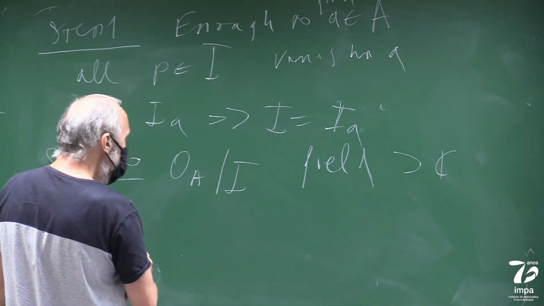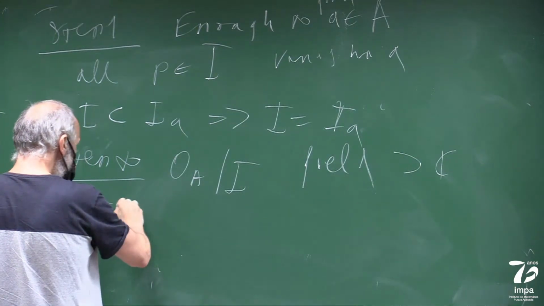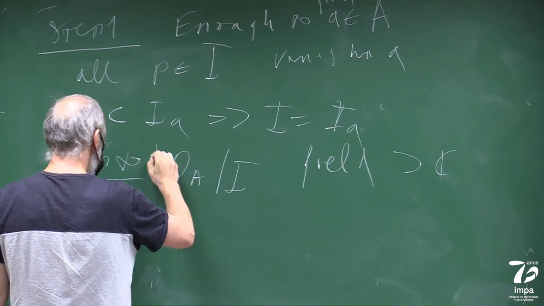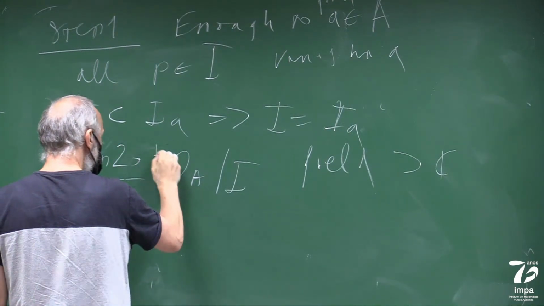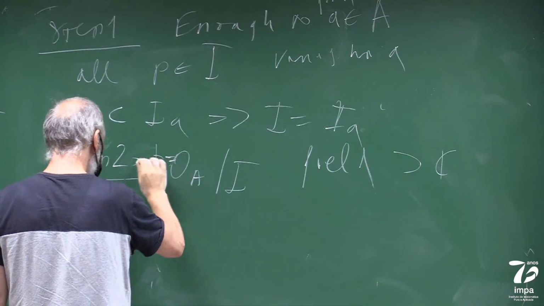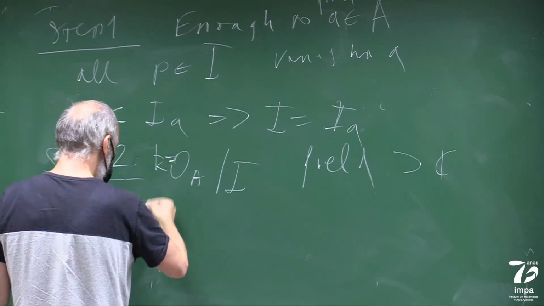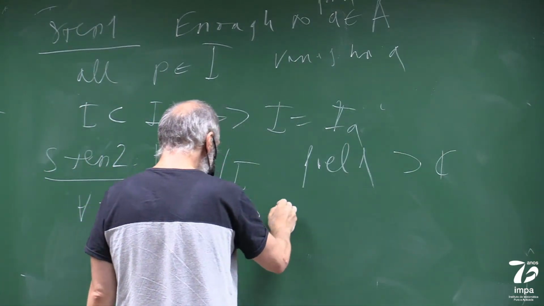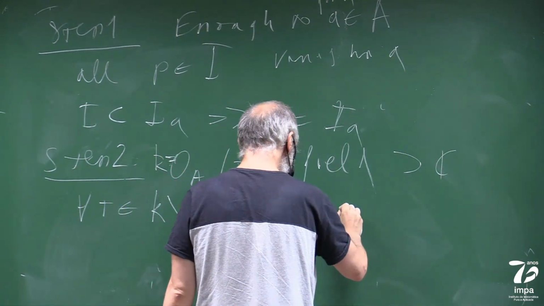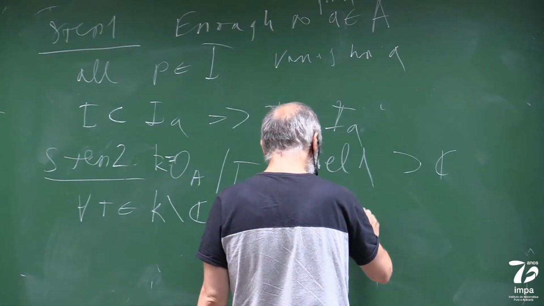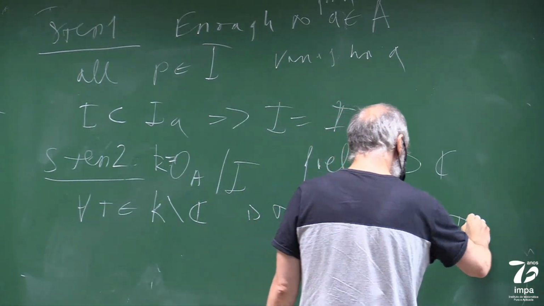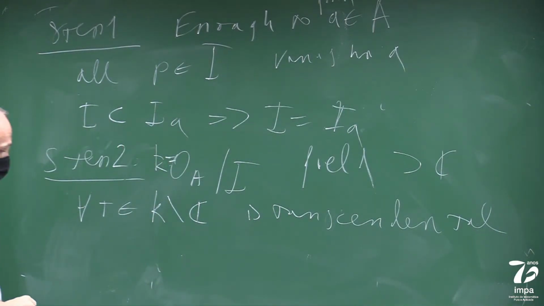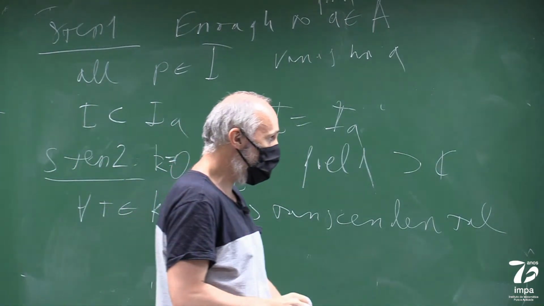And all t inside this field, so we take this field without C, is transcendental. Because all algebraic elements over C belong to C, it's algebraically closed.